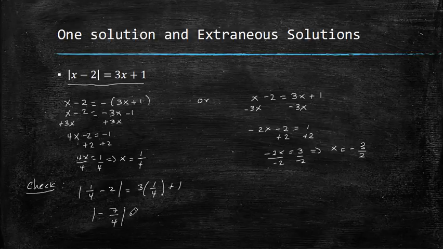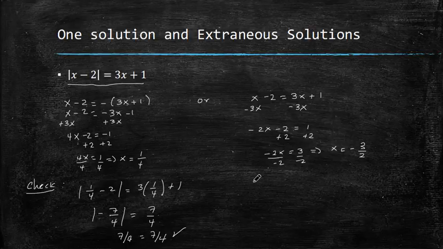Just do the math. And here we're going to obtain, well, this is 3/4 plus 1, which is 4/4. It's going to be 7/4 positive. And if we calculate the absolute value here, the absolute value of negative 7/4 is just 7/4. And here you obtain 7/4, so you obtain that this is actually a solution.